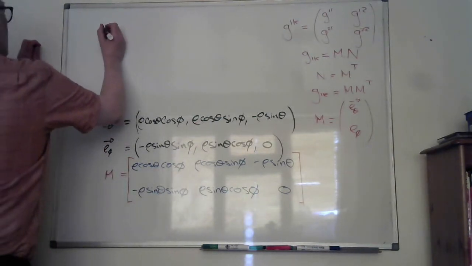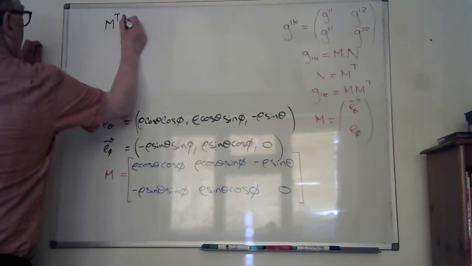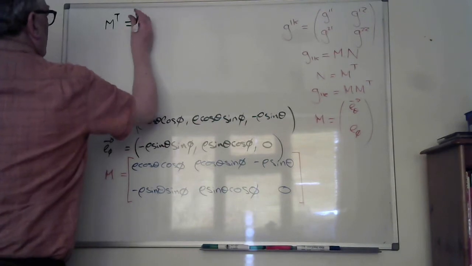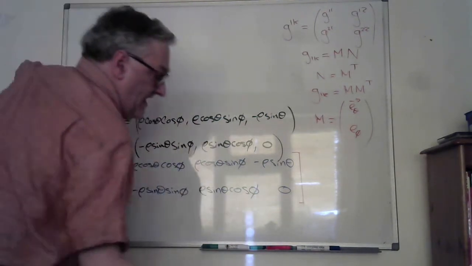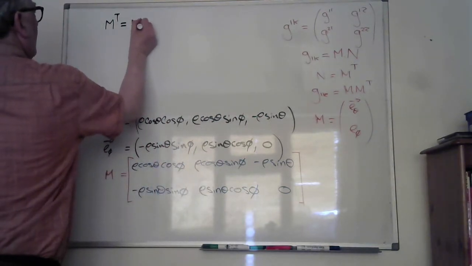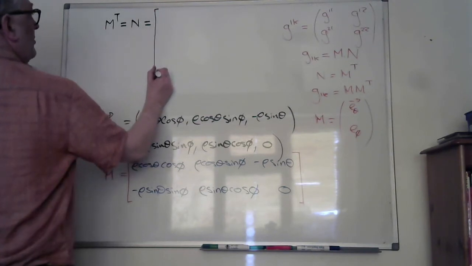So M^T, which we call the transpose, is equal to N. Is equal to, this time you do need to draw it a bit longer.